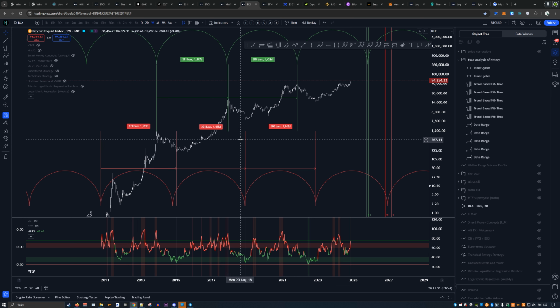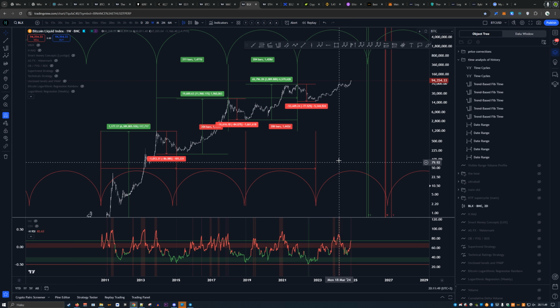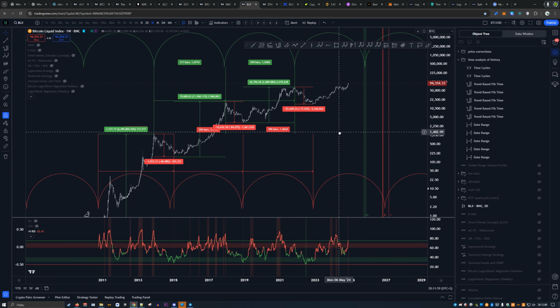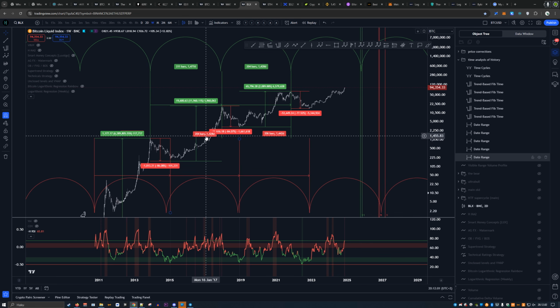Again, you can say this is a presidential cycle or the 4-year cycle, however you want to call it. This is just based on data. We could also be talking about how much each of these cycles have come down, and how much they can come down based on history.